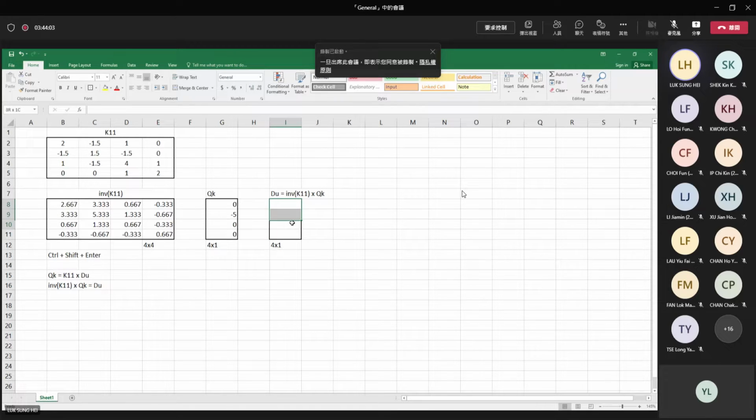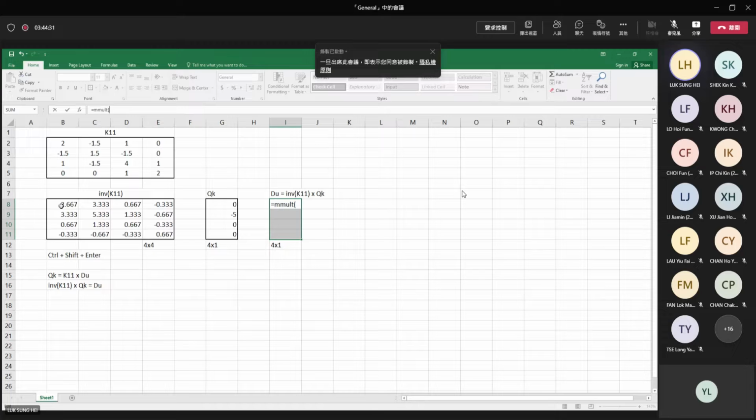Firstly, highlight the final dimensions, and then type in the formula. The command for matrix multiplication is equal to MMULT. M stands for matrix, MULT stands for multiplications, matrix multiplications. And then you just provide the two matrices.